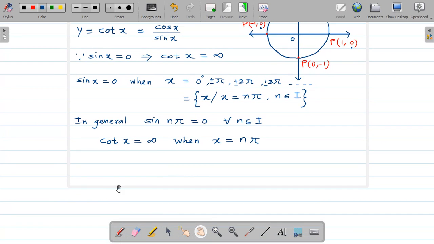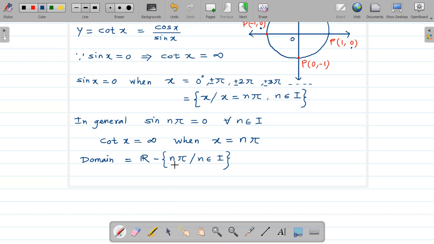To define cot as a function, we have to decide the domain by removing all these points. So the domain of the cot function will be R minus n pi, where n belongs to the set of integers. As per the definition of a function, we have to remove all such points where that particular function is infinity.